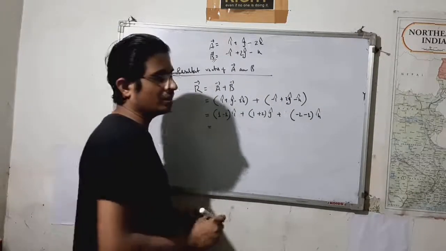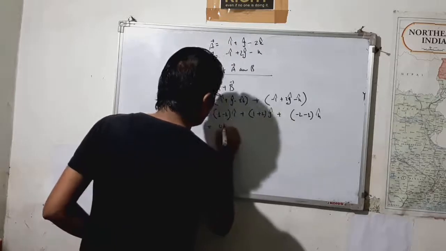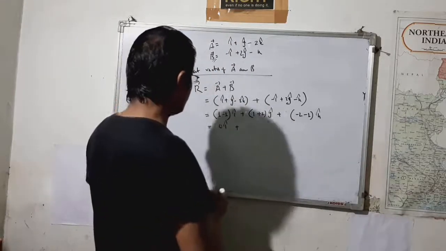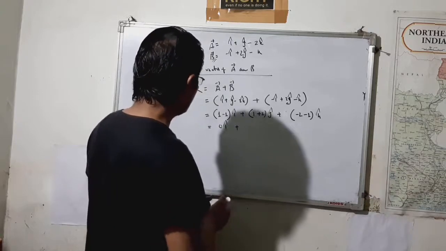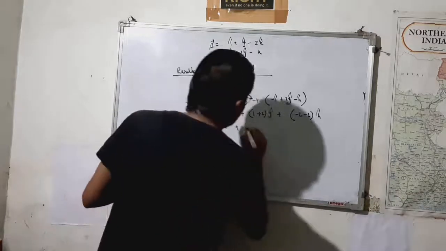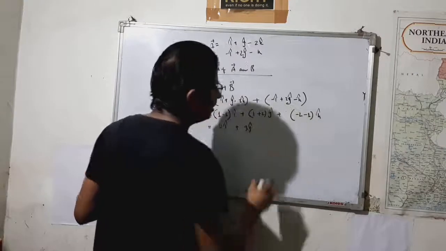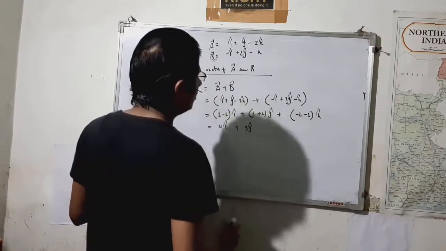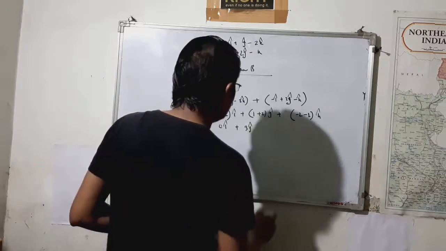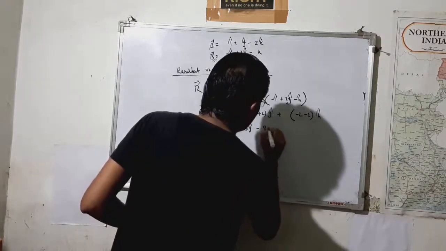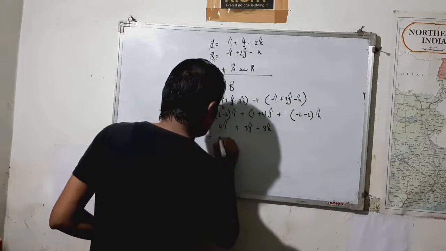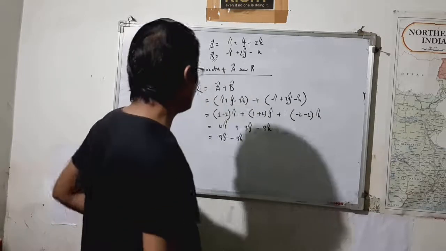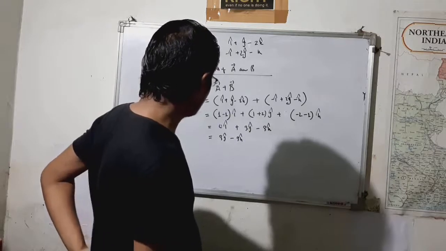So the i component, that is the x component, is 0, which means in the resultant vector no x component will exist. Here it is 3j, 1 plus 2, and this is minus 2 minus 1, so minus 3k. So the final result is 3j minus 3k. So R can be calculated this way.